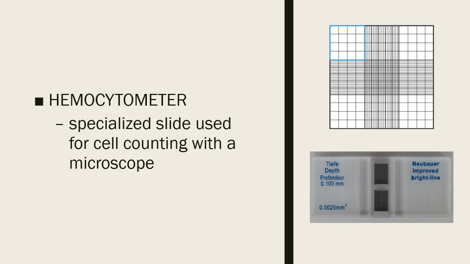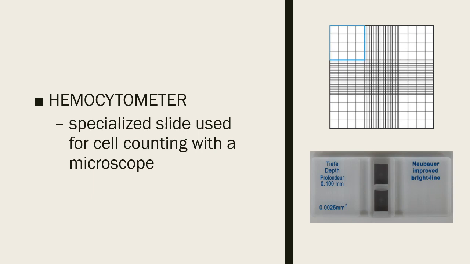But in the case of clinical microscopy, you're using this one to count cells present in your other body fluids, like your CSF, synovial fluid, and of course the rest.